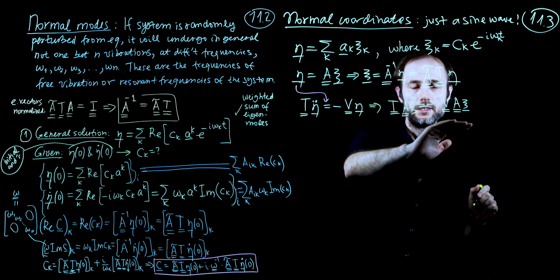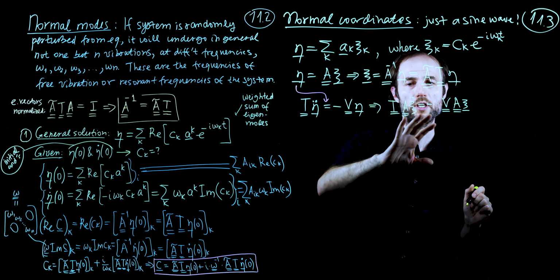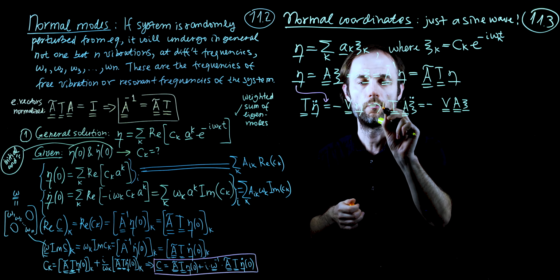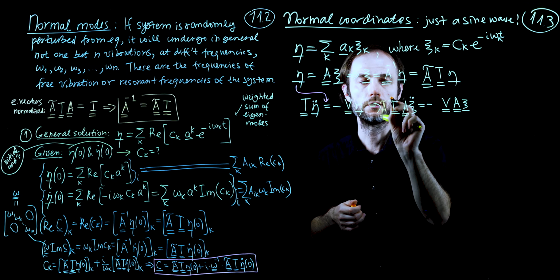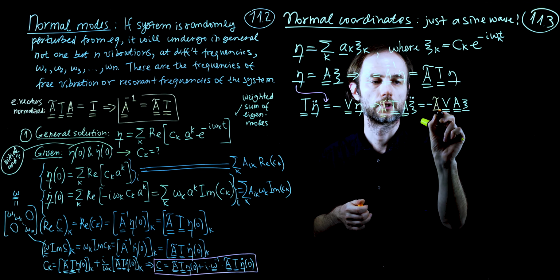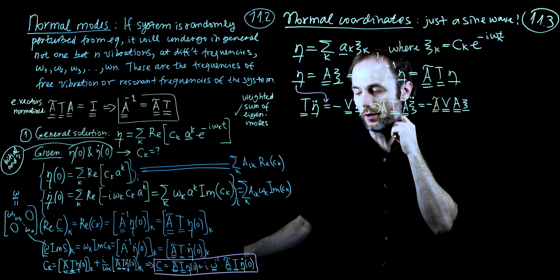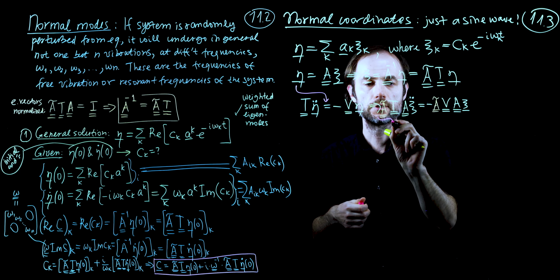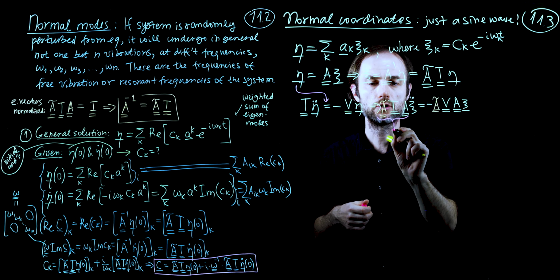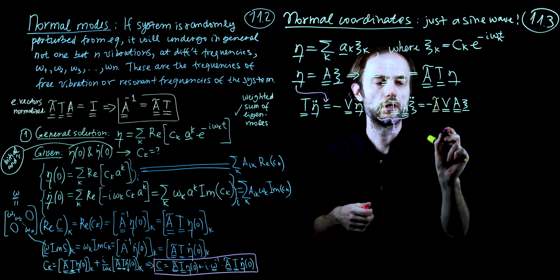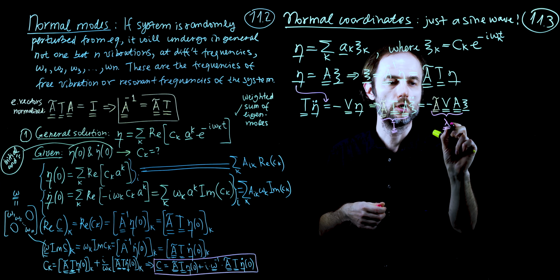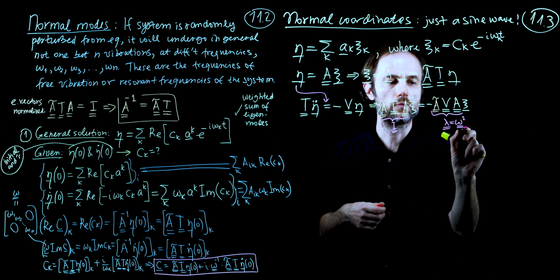And see, something starts to make sense. What if we multiply this from the left by A tilde? And see now, once we've done that, this is just an identity matrix, and this is just a lambda matrix, which is equal to the omega squared matrix.